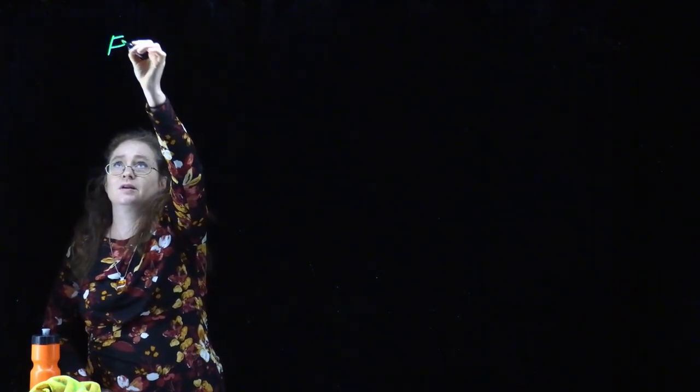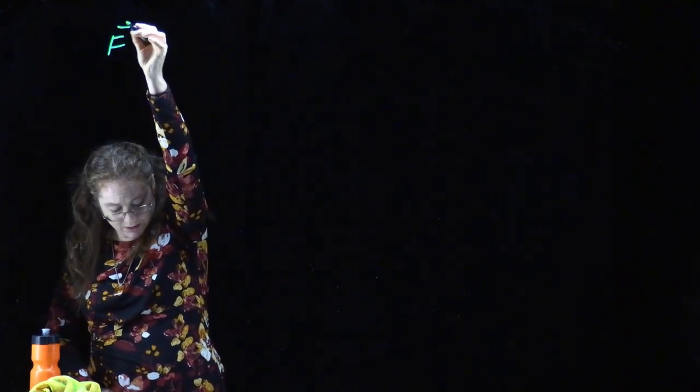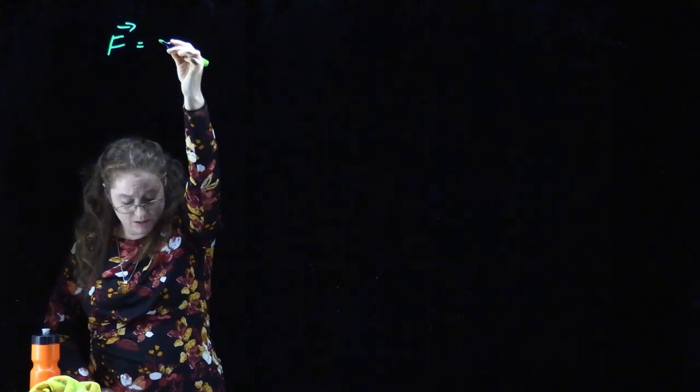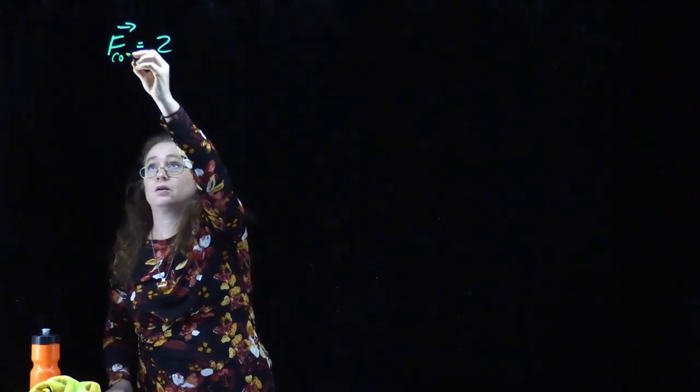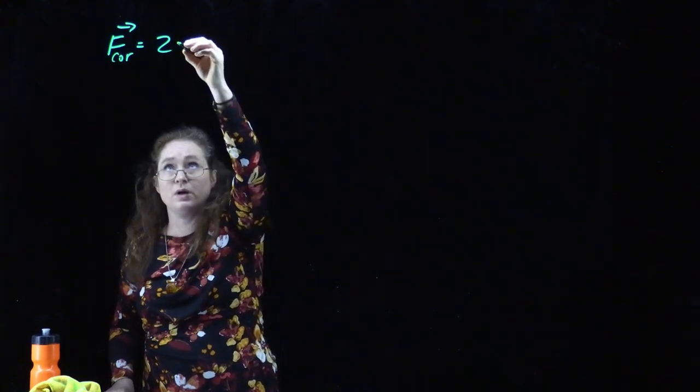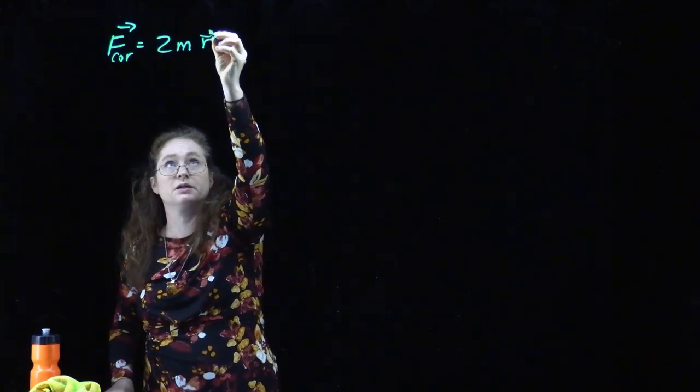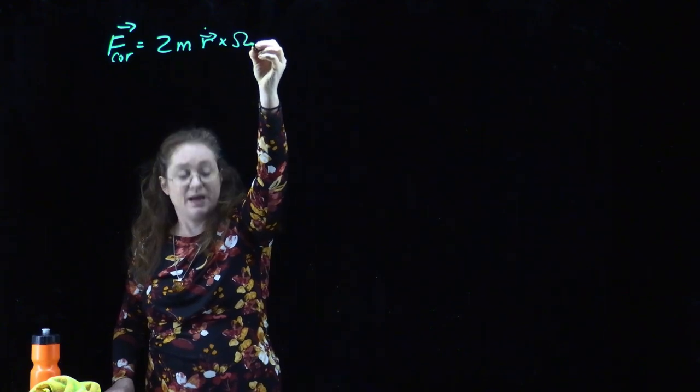We can then return to the Coriolis force and look at that. That, again, has the form 2m r dot crossed with omega.